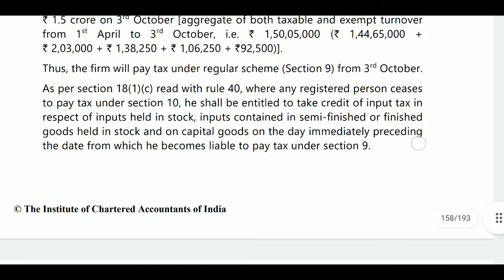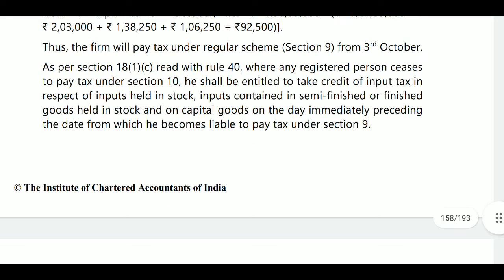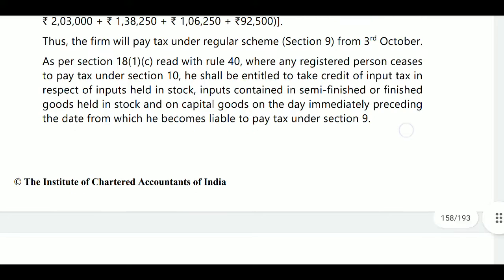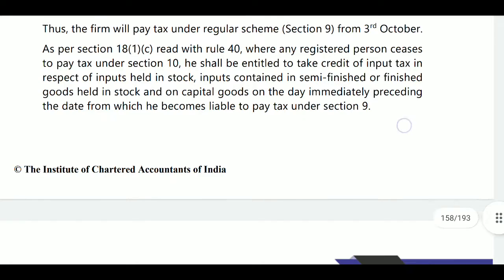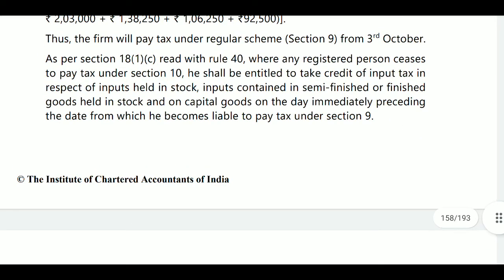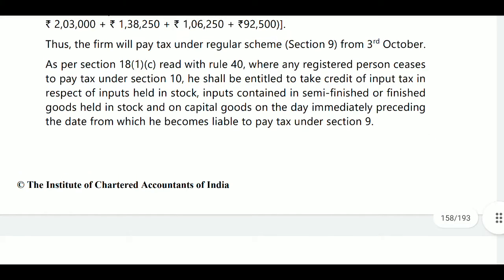Next, as per section 18(1)(c) read with rule 40, where any registered person ceases to pay tax under section 10, he shall be entitled to take credit of input tax in respect of inputs held in stock, inputs contained in semi-finished or finished goods held in stock, and capital goods on the day immediately preceding the date from which he becomes liable to pay tax.